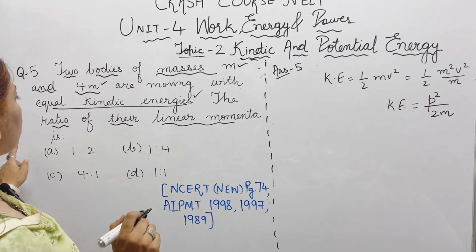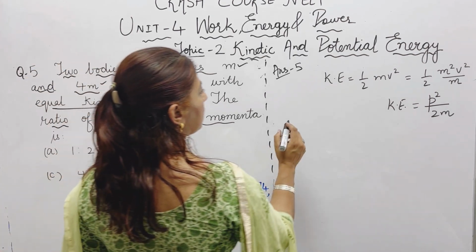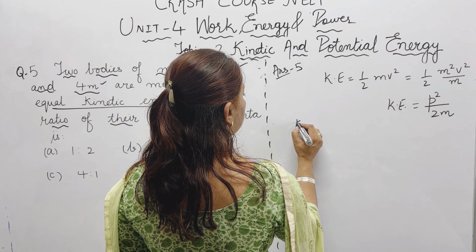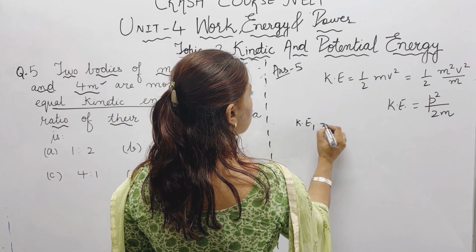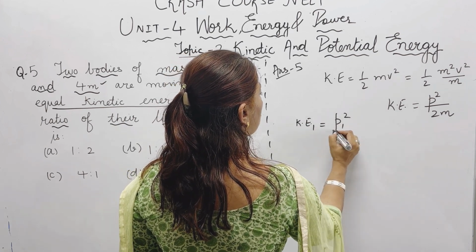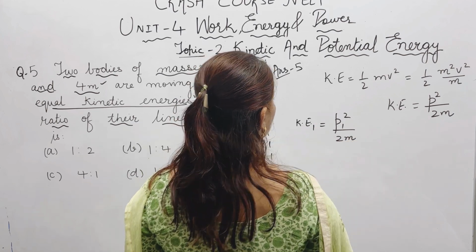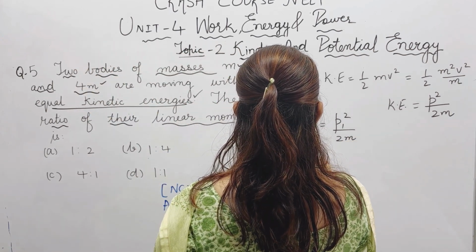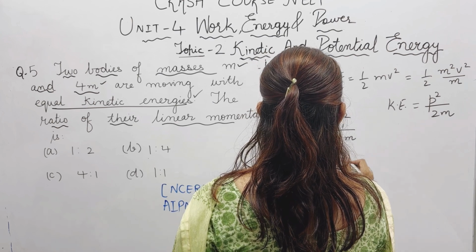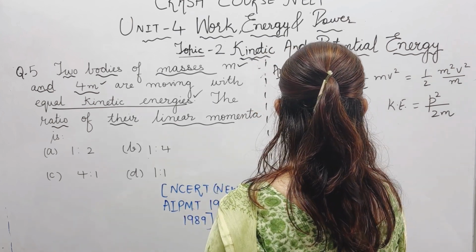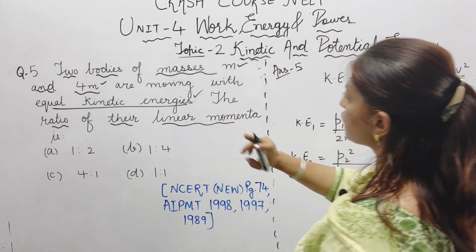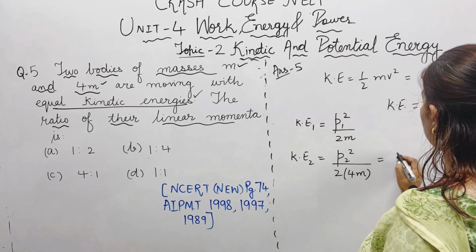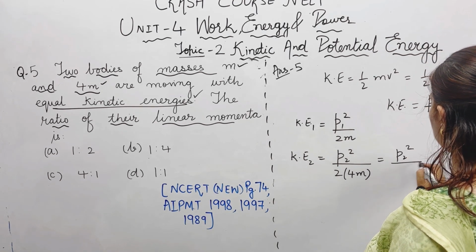Now there are two bodies, so the kinetic energy of the first body is p1 square upon 2m, and the kinetic energy of the second body is p2 square upon 2 times this mass. Now this mass is 4 times this mass, so it is written as 4m, and 2 times 4m is equal to 8m.